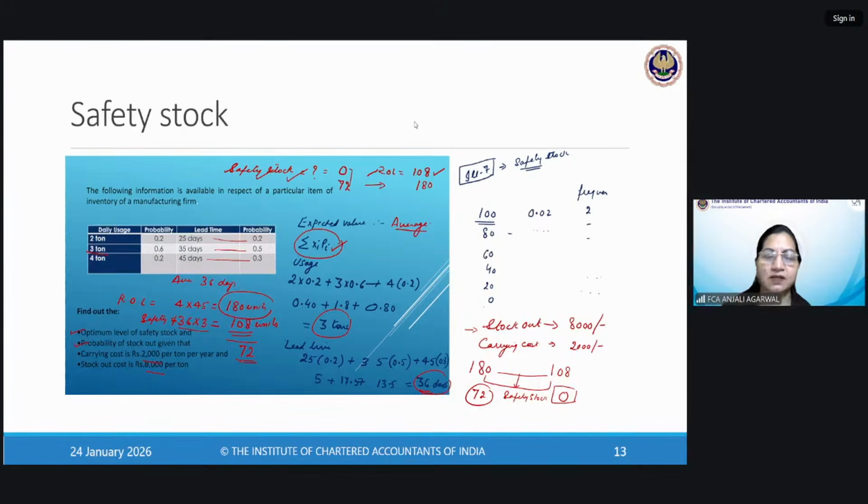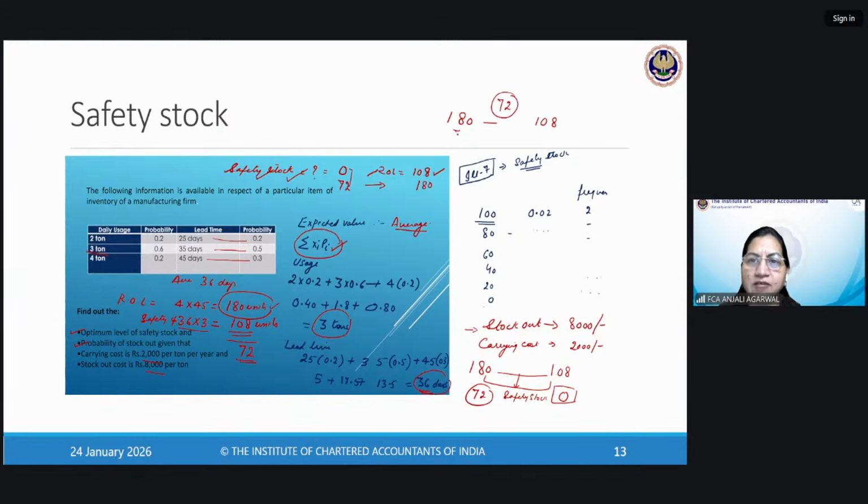72 is because even if you go by the most conservative formula, how many units would you order? 180. So you are not going to place an order above 180 units. And if you keep a zero safety stock, then also average consumption into average time is 108. So your reorder level has to lie somewhere between 180 and 108, right? What is the difference? 72.